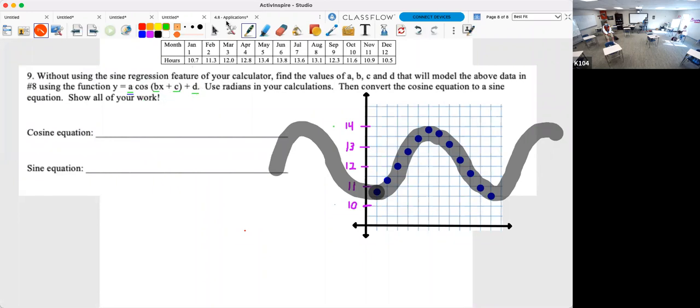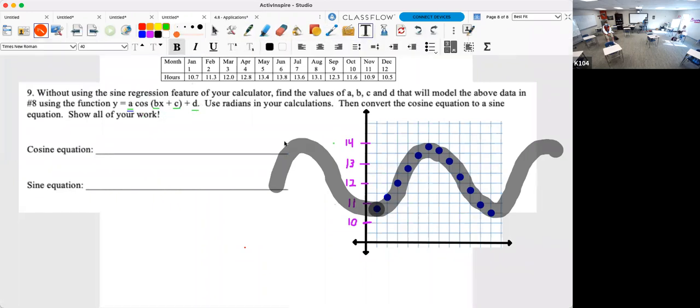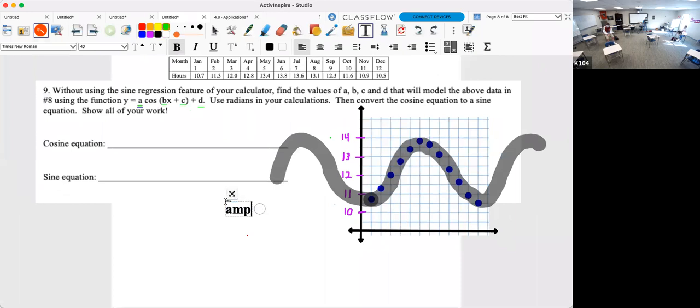Before we come up with those, it's better to think about what the amplitude should be, what the period should be, what the phase shift should be, and what the vertical shift should be.